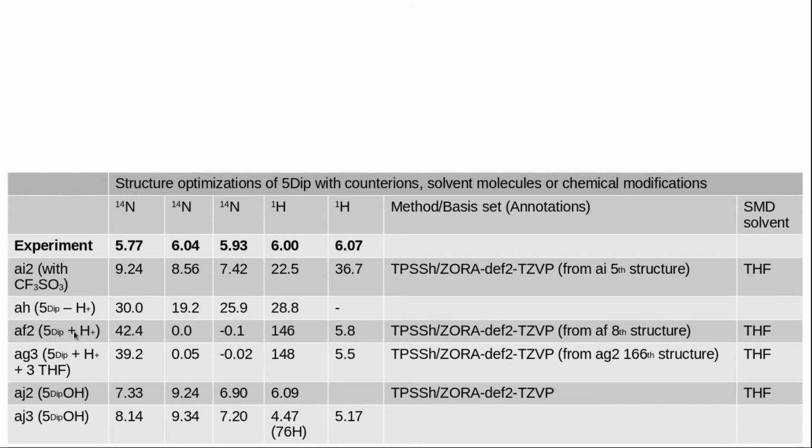Protonating the radical gave even worse values for one of the hydrogens. And finally, calculating the OH variant gave results which were much more in accordance with the experiment. They were still a little bit off, a little bit high in the nitrogens, but the hydrogens finally gave values which were much more similar to experiment.